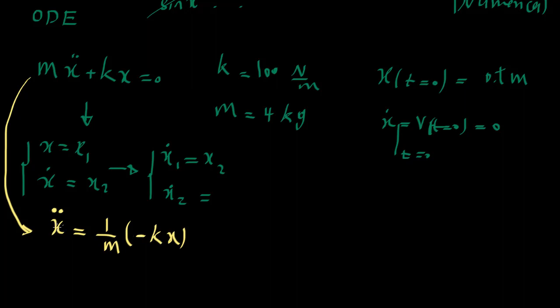Once you isolate the x double dot term, you can write x2 dot, which is equal to x double dot, as 1 over m times minus k x, and we know that x is equal to x1. So now we have two first order equations on x1 and x2, and we know what they represent. x1 represents the position, x2 represents the velocity.